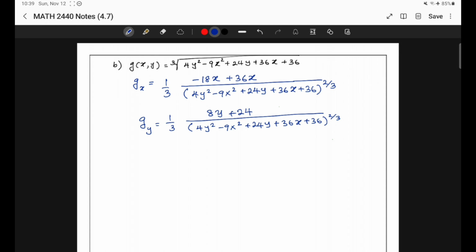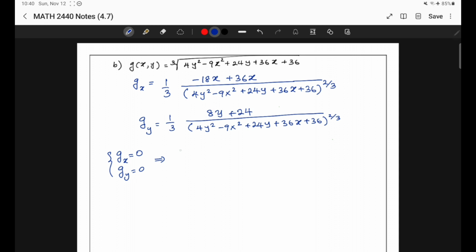Okay, now remember, we have two different cases. Let's first check gx equals 0 and gy equals 0, the places where the partial derivatives are equal to 0. Now, to make them equal to 0, the numerator needs to be 0.